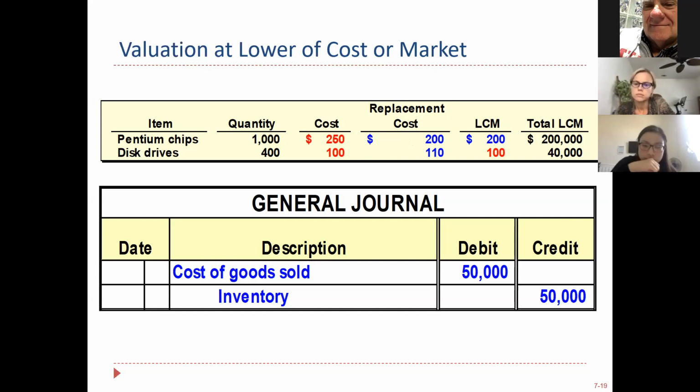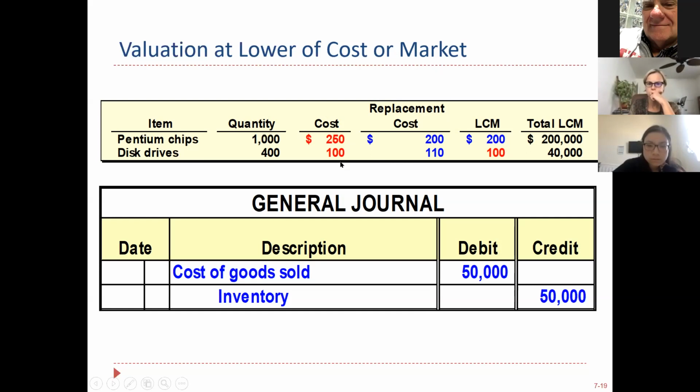So we're going to take that $50 difference and multiply it by 1,000, and that's going to give us a loss in inventory. Where I used to work, this was called cost of goods sold dash lower of cost or market. Let's look at the disk drives. We bought 400 disk drives for 100. We're selling them for 110.